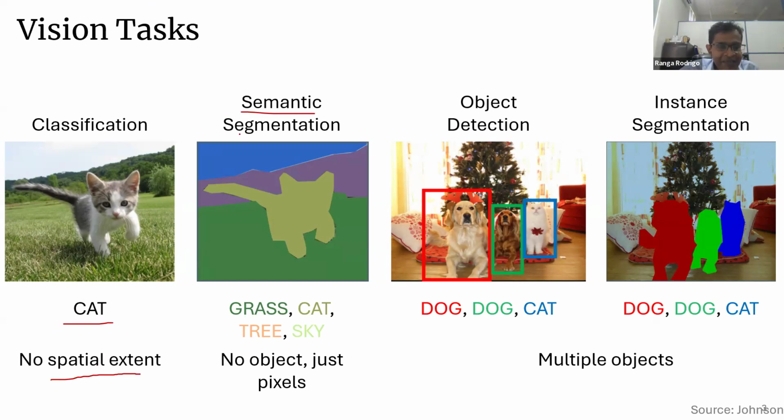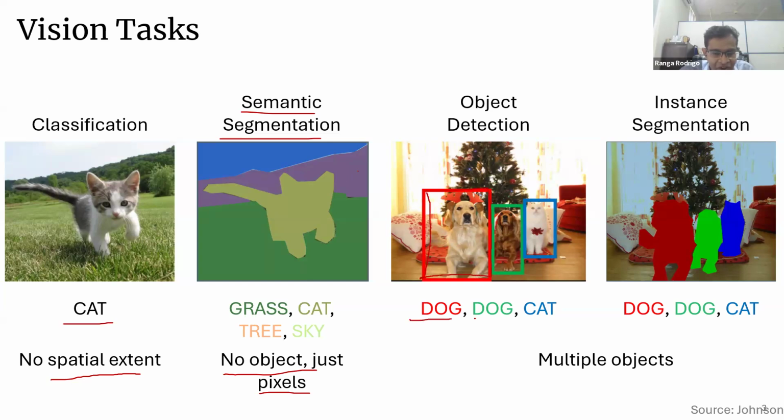But semantic segmentation means that for each pixel, you give a class label: grass label, cat label, tree label, sky label, and so on. So no objects, just pixels. It just classifies the pixels. It doesn't have the notion of an object. But object detection means you identify the class as well as draw a bounding box for the class that is in that bounding box.